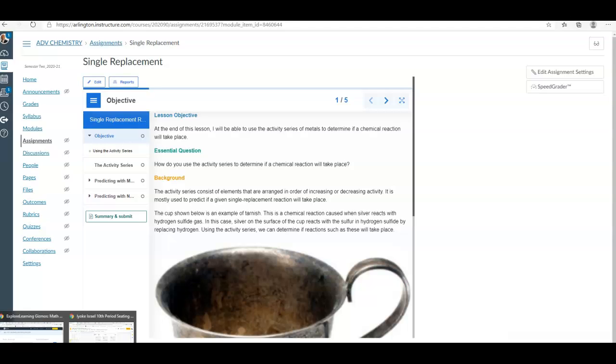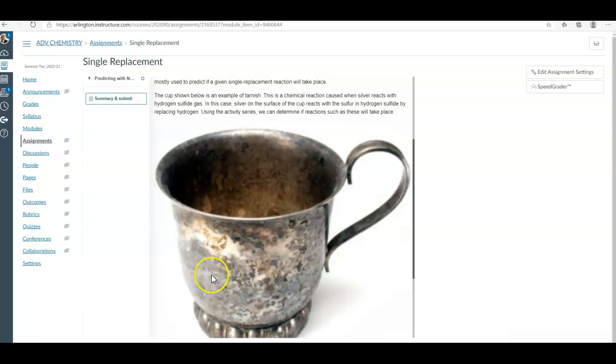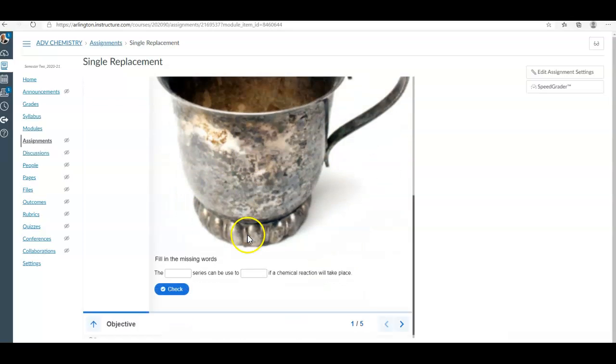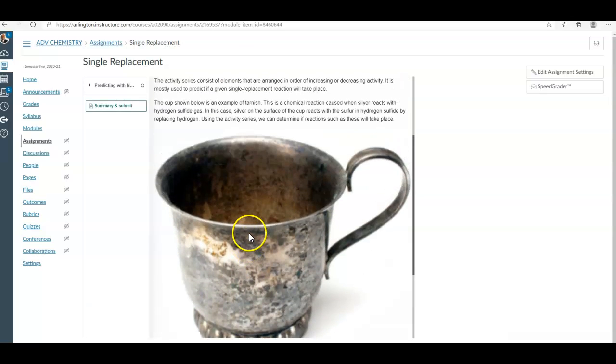The short background information I have there is of a silver cup. When this was made, the silver cup looked so beautiful. But after a while, a chemical reaction begins to happen. You could see how ugly it is right now, with all those black and brown stains on it.